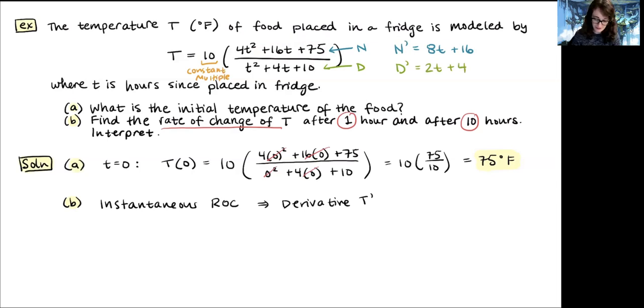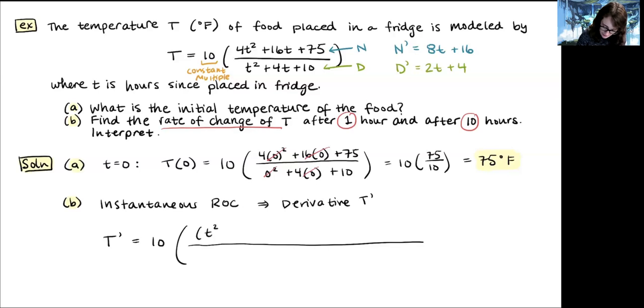Okay, so let's put this all together to find the derivative of capital T. So the 10 is going to stay there and multiply by the derivative of this quotient that we have, which we're using the quotient rule on. So I'll set a big parentheses here, and this will be our quotient rule derivative. So let's see, we're going to have a big fraction, and it will be the bottom, the original bottom.